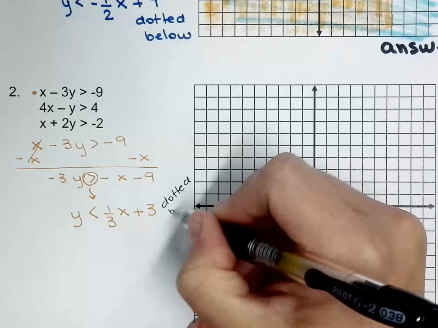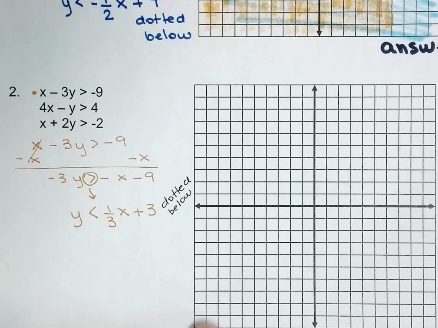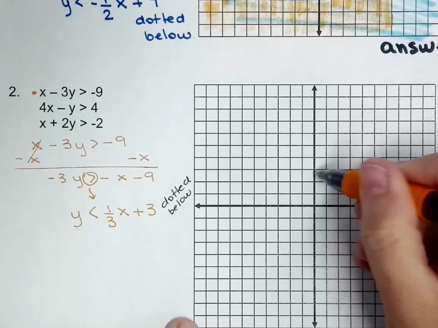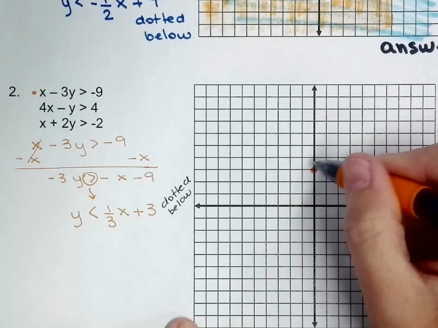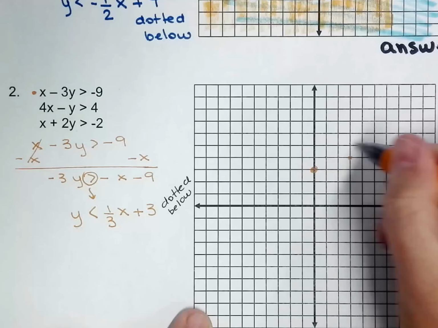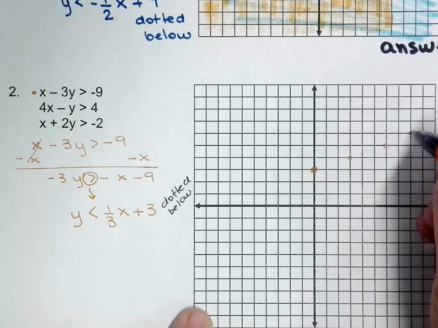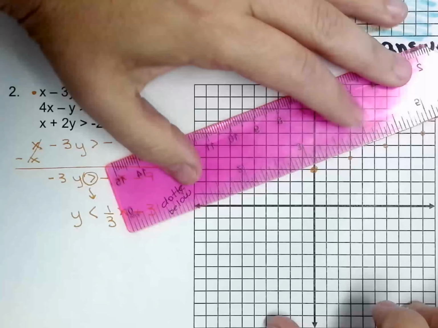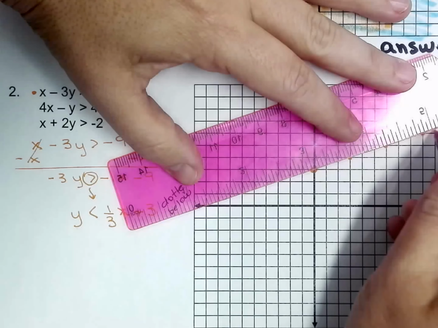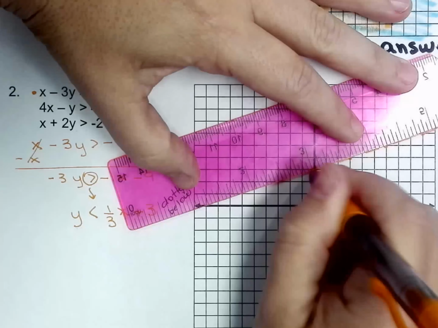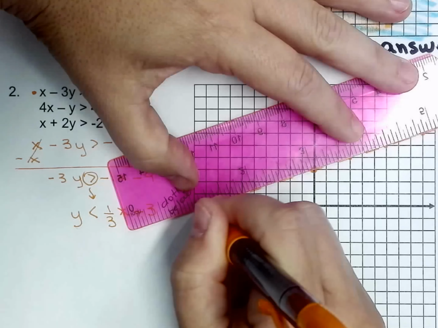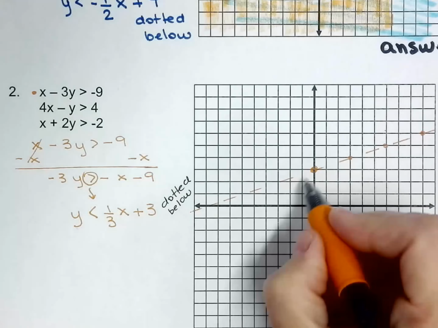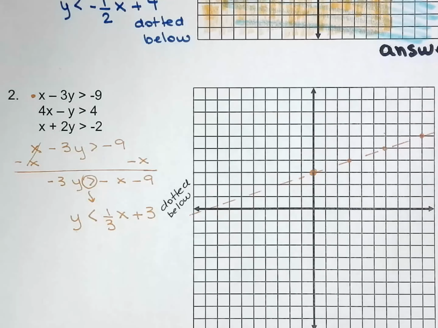And you're going to shade below. So your line is right there. Up 1/3. Shade below.